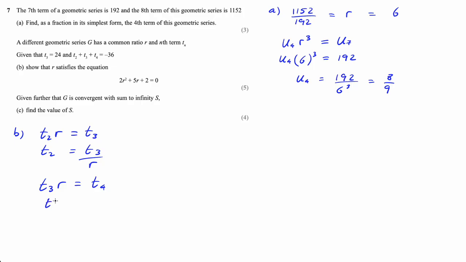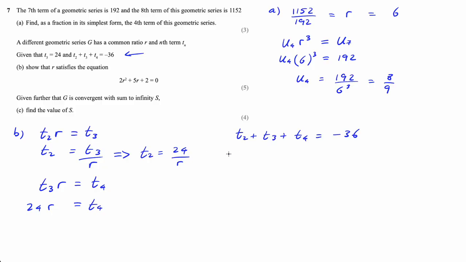Okay, so this means that T2 is equal to 24 over r, and T4 is equal to 24 times r. So now I have T2 and T4 in terms of r, which gives me T2 plus T3 plus T4 equals negative 36 from here.